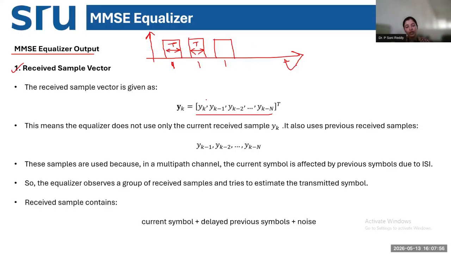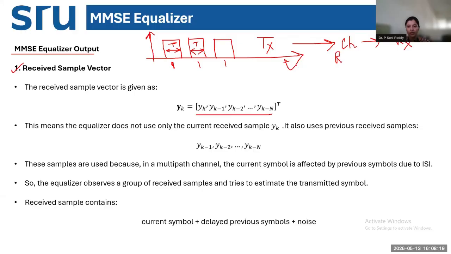So what is the risk? This is my transmit, and when I'm passing it through the channel, the output of the channel that is being received at the receiver would be multiple components. Previously, I have already told you that every signal passing through this channel will experience a certain amount of multipath effect.